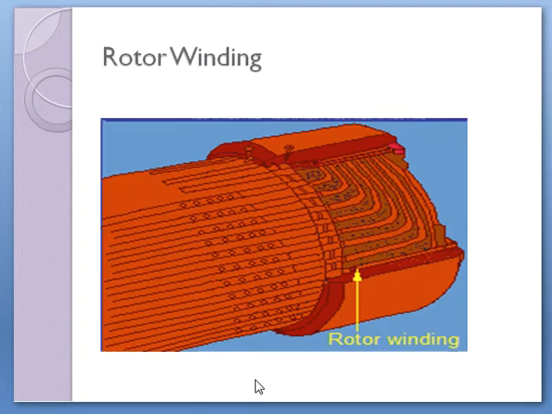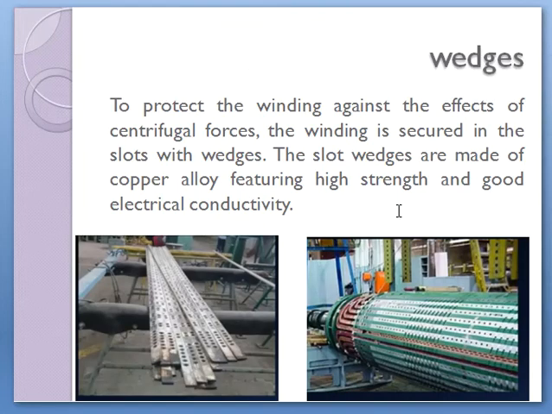So, this is the end of the rotor. We can see that the windings are already inserted in the slots, and the ends are bound together by the end plate. Now we can see here, these are the wedges.